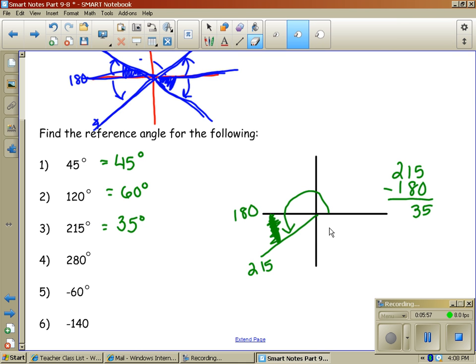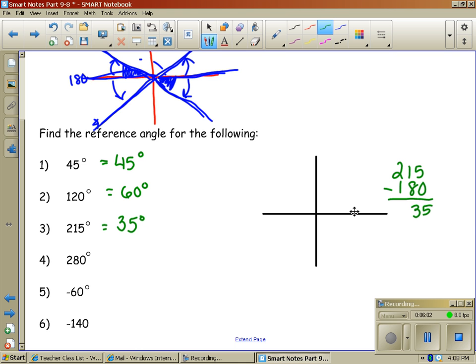The next one, 280. 270, 3/4 of the way around. So 280 is just past into the fourth quadrant. So again, reference angle, go back to the x-axis, the closest x-axis, right here. Notice all of these are less than 90.